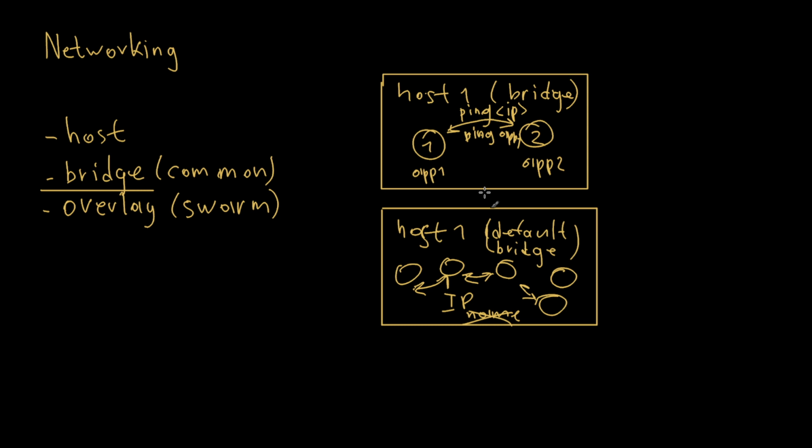On the other hand, name options are provided by you. So with a custom bridge, by custom I mean we created it, we can communicate between the containers with a name. So this is a custom bridge, and this is a default bridge created by default, and I'm gonna show you in a second how it looks.